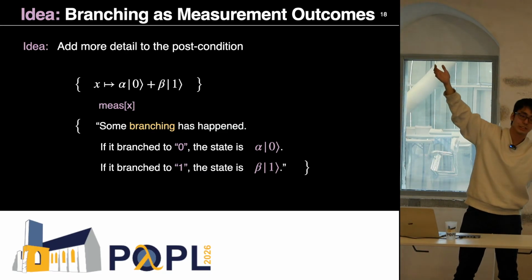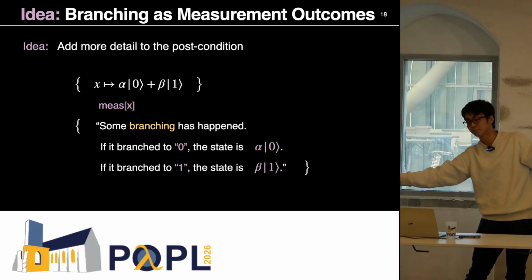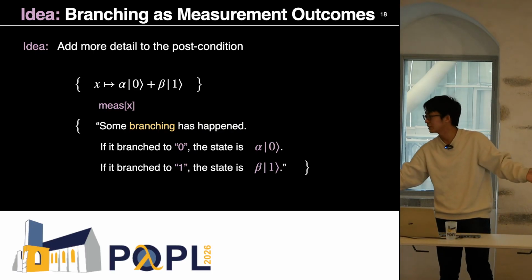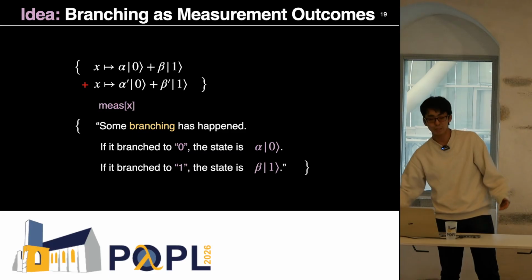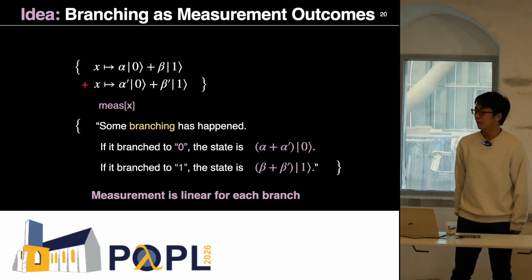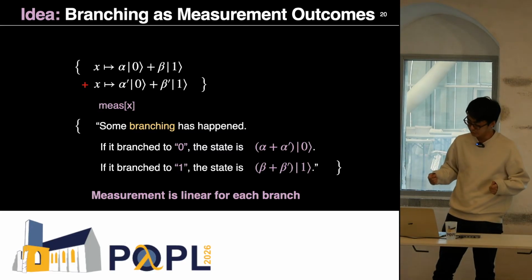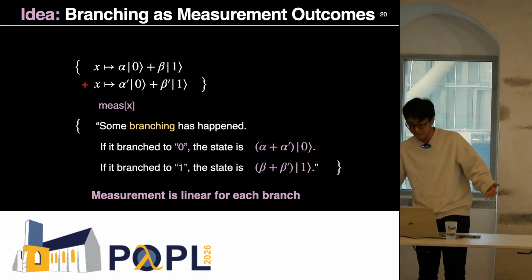If you branch to this side, you get ket 0. If you branch to the other side, you get ket 1. What is good about this idea is that if the input is a linear combination, the output is going to be a linear combination as well. And why is this true? It's because measurement is simply linear with respect to each branch.